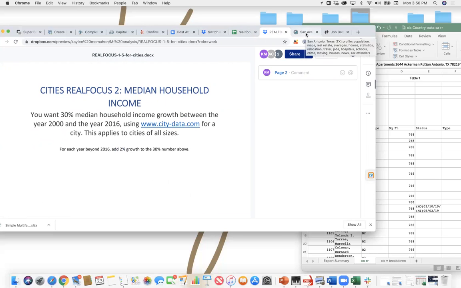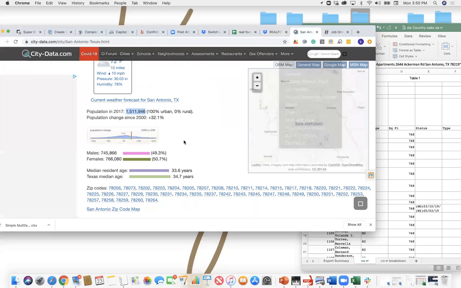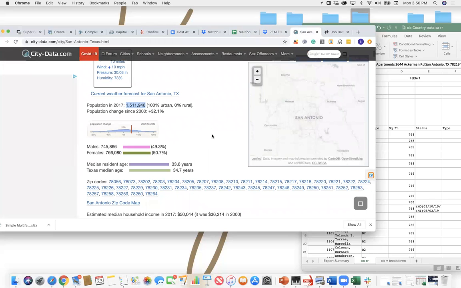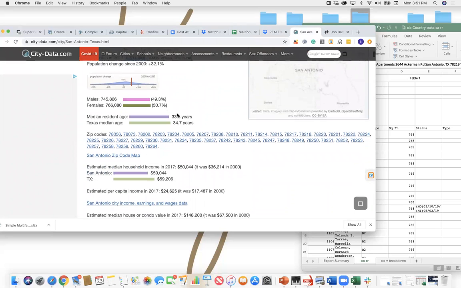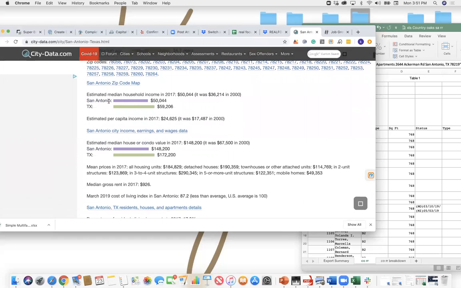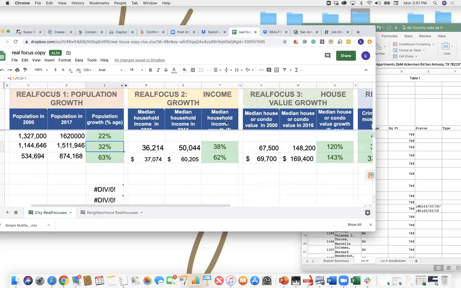Now we go over to our city-data information again for income growth. We're looking for median household income in 2017, so $50,000.